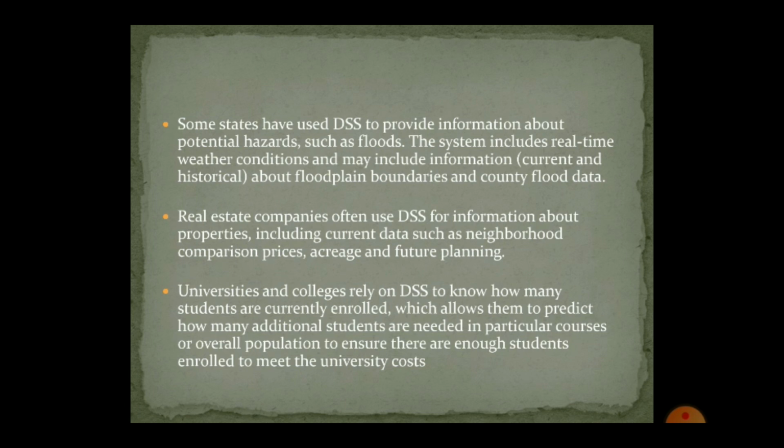Universities and colleges rely on DSS to know how many students are currently enrolled, which allows them to predict how many additional students are needed in particular courses or overall population to ensure there are enough students enrolled to meet the university cost.